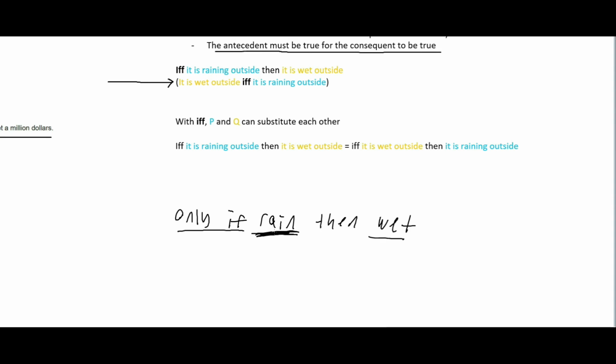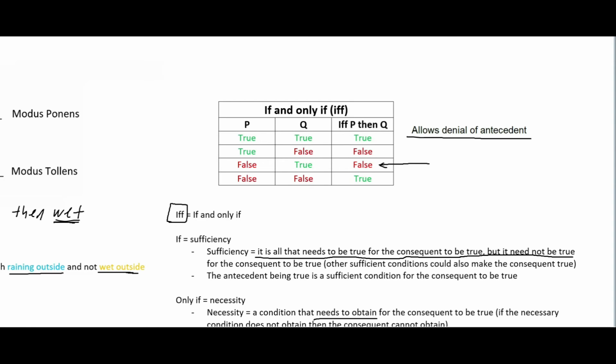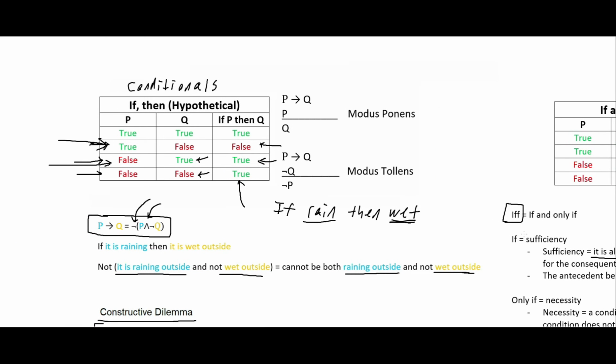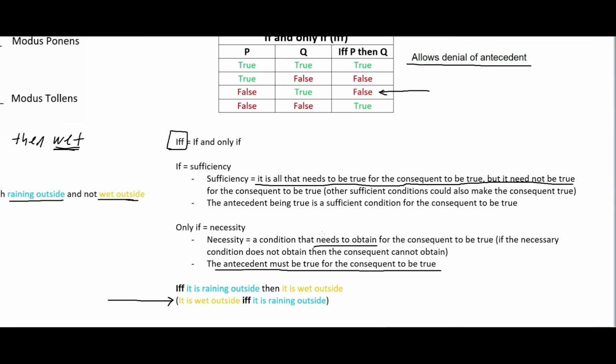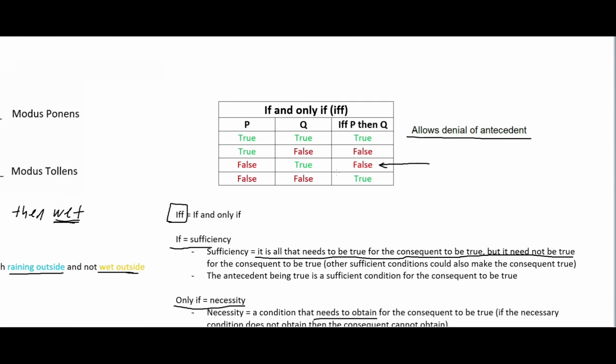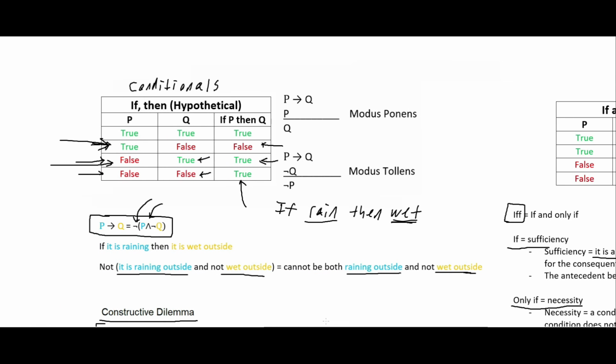And so, like I said, this is why these are called conditionals, because we're saying that the antecedent is a condition of the consequent. If we're using if, then it is a sufficient condition, and only if means it is a necessary condition. And so if and only if means that the antecedent is a necessary and sufficient condition for the consequent to be true.